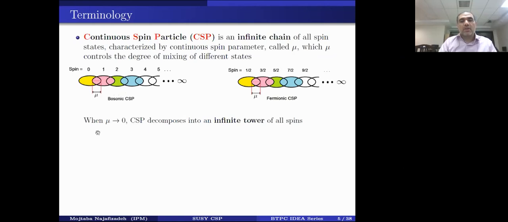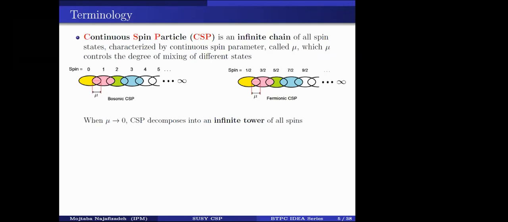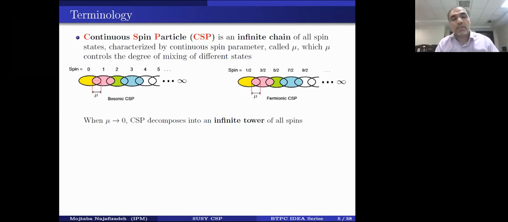I wanted just to show what a CSP is in contrast to a higher spin field. Do you have a physical meaning of this mu? Yes, we will see. This is just terminology. I will come back to this particle later in detail.